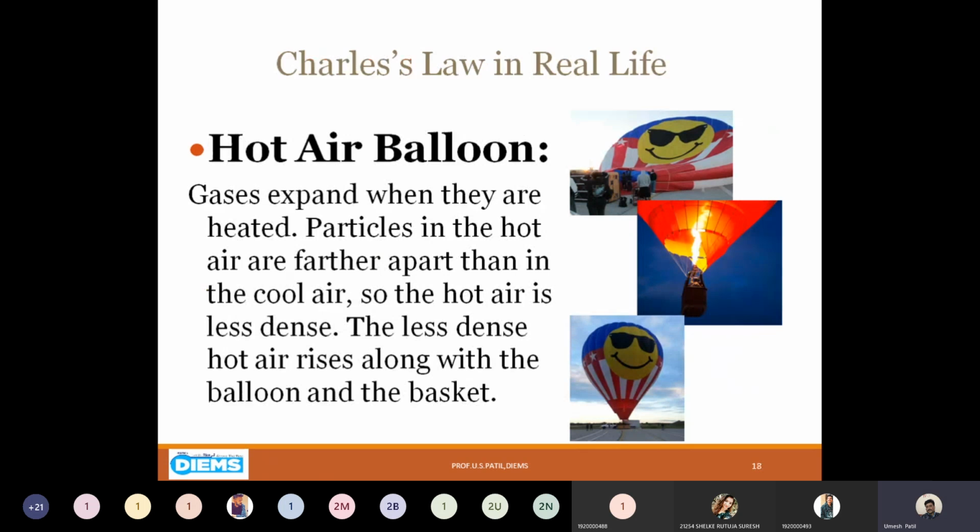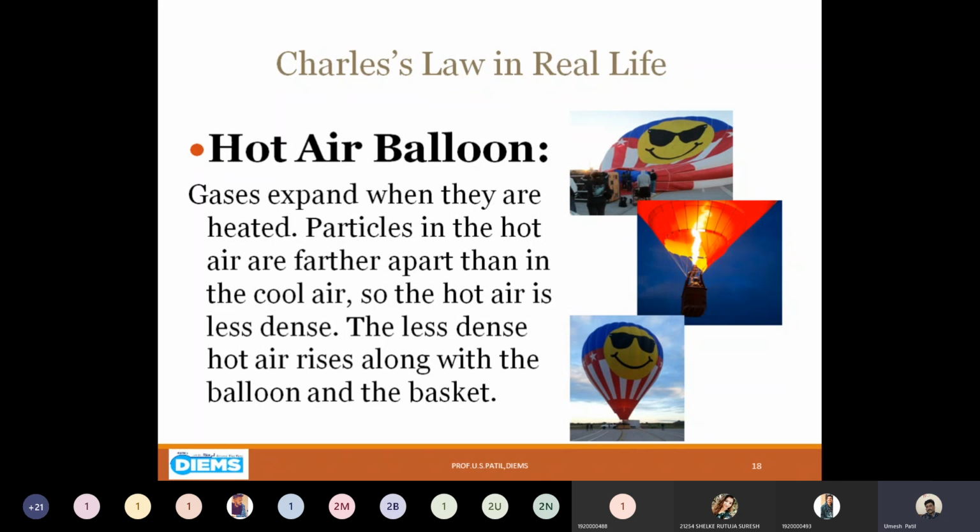Do you know how a hot air balloon works? Can somebody tell me how the hot air balloon works? You can read the sentences written on this slide for a minute. Then I will explain how this hot air balloon works.